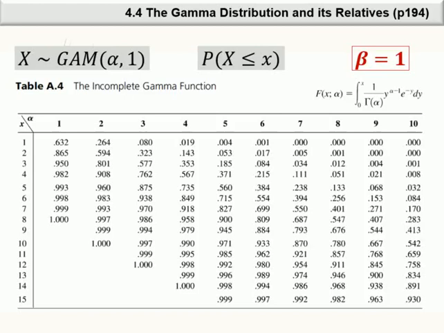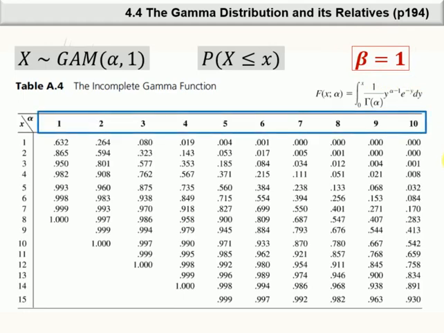At the back of your textbook, you will find table A4. It's titled the incomplete gamma function, and it simply gives you left-hand probabilities for a standard gamma. Remember, beta is fixed to be equal to 1, so you can only use this table if you have a gamma distribution where beta is equal to 1.